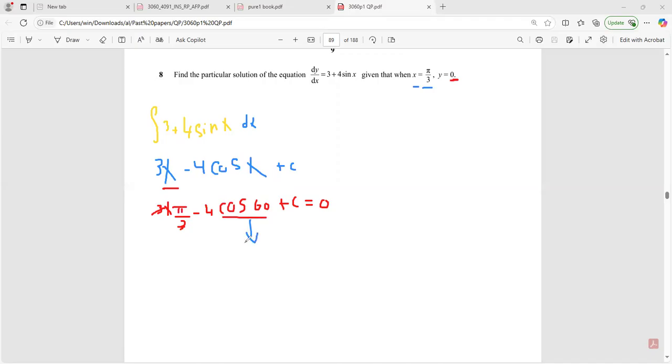So here 4 multiplied by half is equal to 2. And here is plus c, and here is pi minus 2 plus c equals 0.